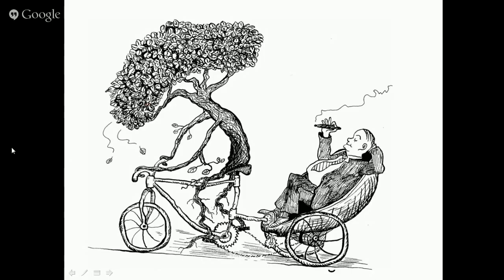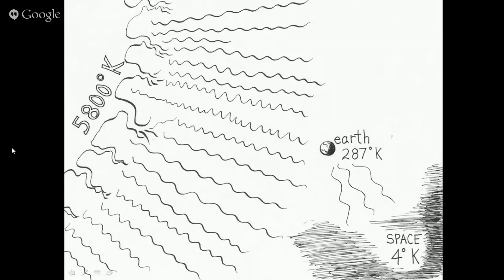And although we live in a world that is pretty much closed for matter on our planet, we don't lose a lot of material, we don't gain a lot of material, we're in a hugely open system for energy. The Sun, 5,800 K at its surface, Earth, about 287 K, receiving an enormous flux of visible light and fairly short-wave radiation from the sun.